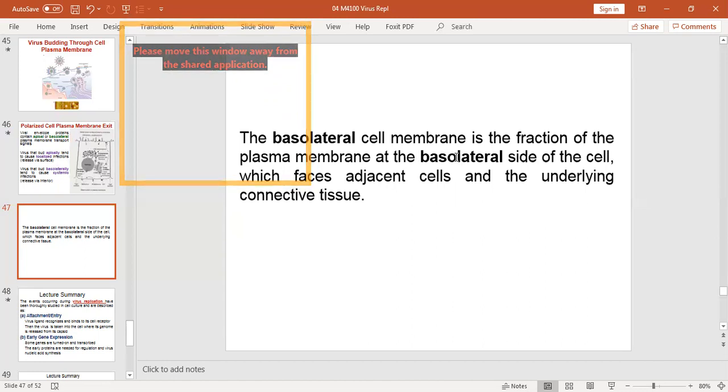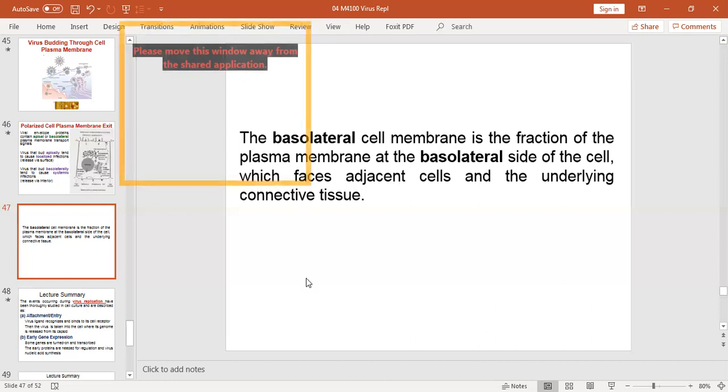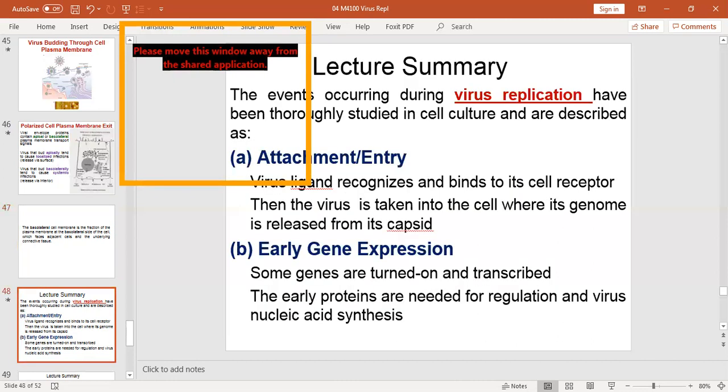Basal, bottom, lateral, side, which, as it says here, faces adjacent cells and the underlying connective tissue. So, neighboring cells and below, the connective tissue below the infected cell.